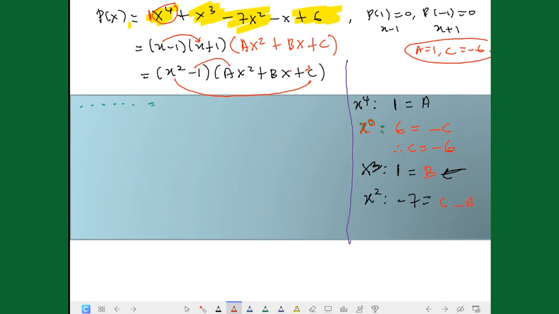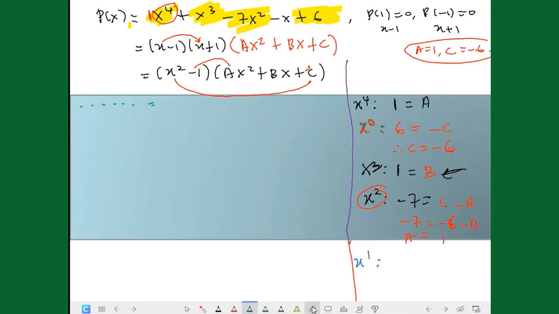Yang ini negative 1 x. So c is equal to negative 6, negative 6 minus a. Kalau kita tengok mana ada b. Tak apa. So a is equal to 1. Cuma kita try x^1.